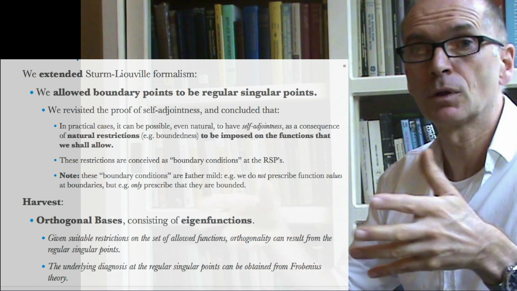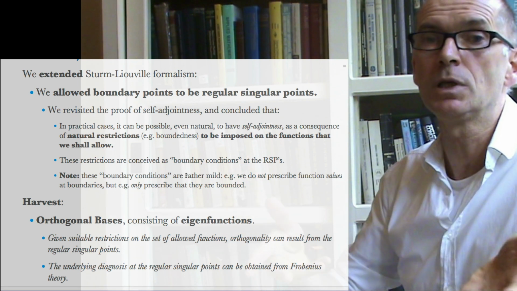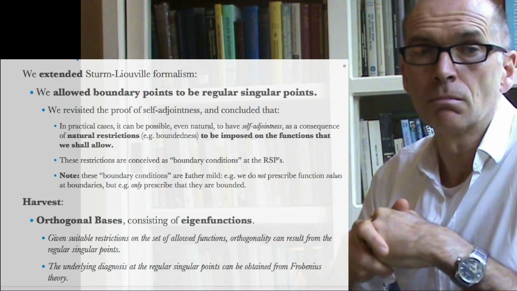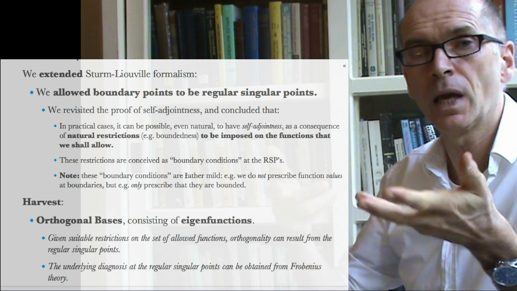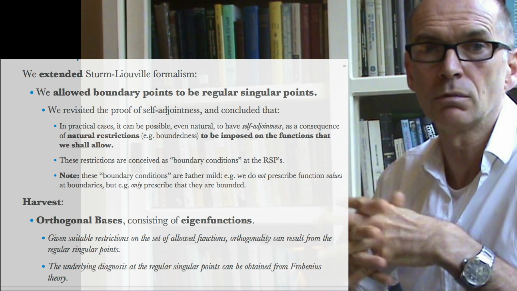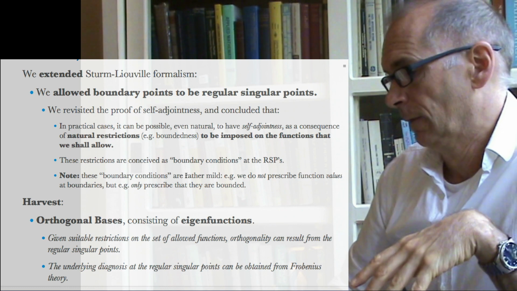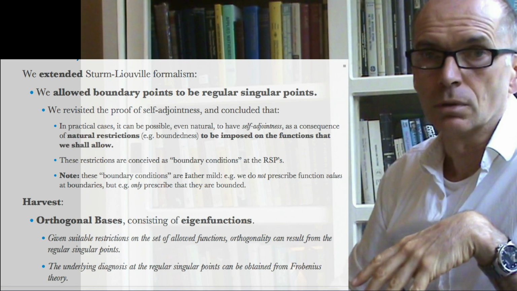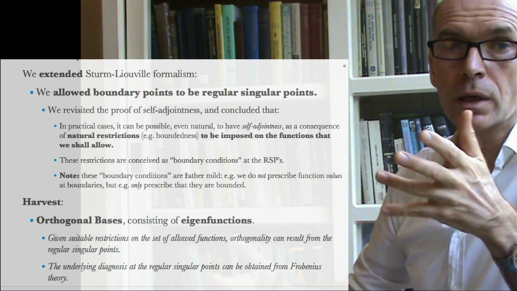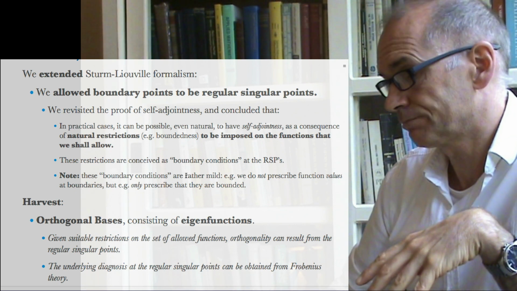Whereas here, we don't really say what the value must be, we only say, well, it must not be infinite. So that is a rather mild condition, and that adds to the flavor of these kind of problems to have a kind of natural flavor, at least to me as an applied scientist.